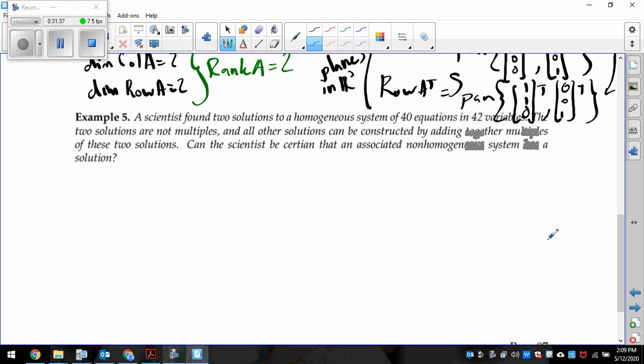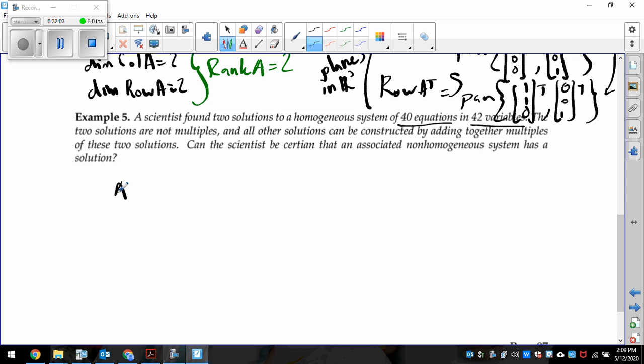Example 5 says a scientist found 2 solutions to a homogeneous system of 40 equations and 42 variables. It says the two solutions are not multiples, and all other solutions can be constructed by adding together multiples of the 2 solutions. Can the scientist be certain that an associated non-homogeneous system has a solution?